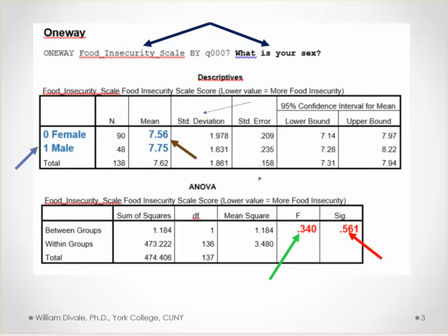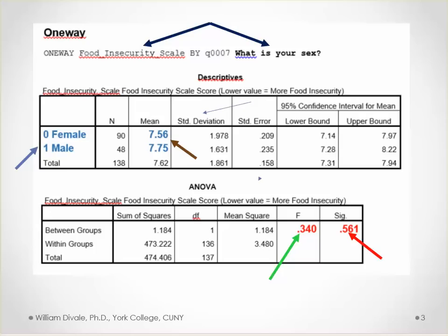Now, in this slide, I'm showing a typical output of an Anova statistic, which also includes the descriptive statistics, which I think helps to understand and interpret what's going on. So these arrows point to the aspects of the chart that I think are more important to focus on.